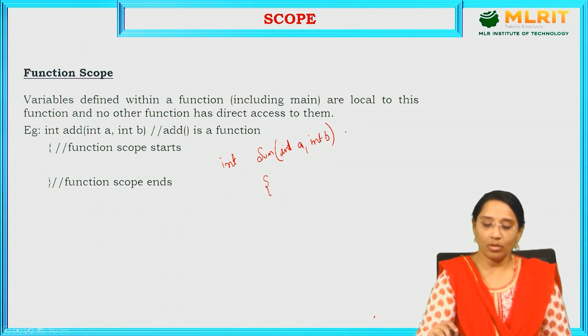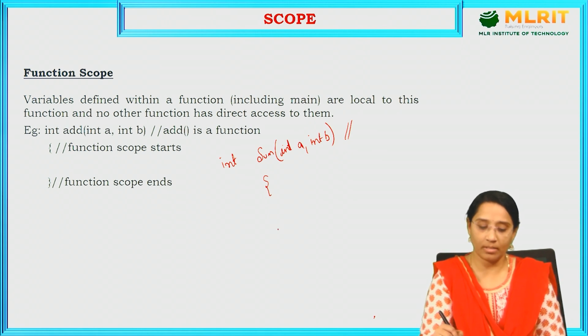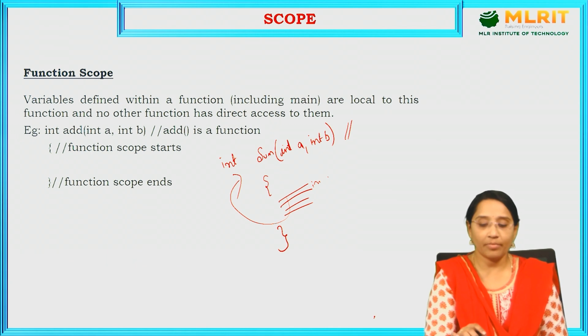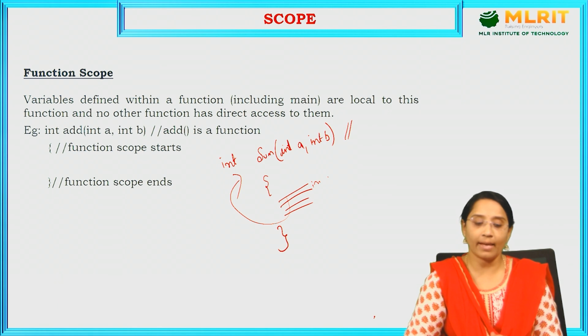This is the function definition section and the function scope starts. Whatever variables we write inside the function come under this function scope. Variables defined within a function, including main, are local to this function and no other function has direct access to them.